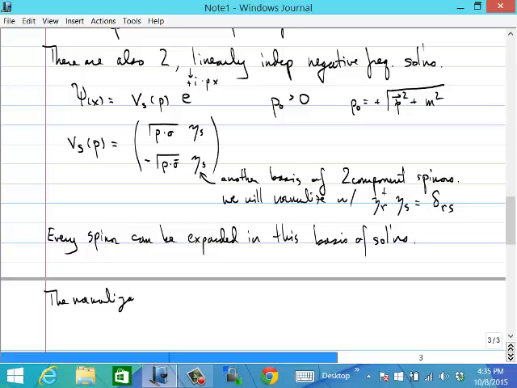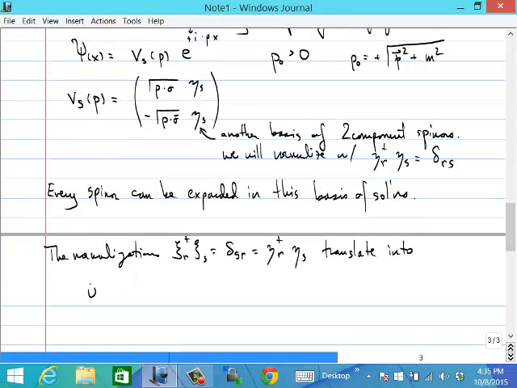So the normalizations that the zetas are orthonormal, as well as the etas, translate into some normalization conditions for the u's and the v's.